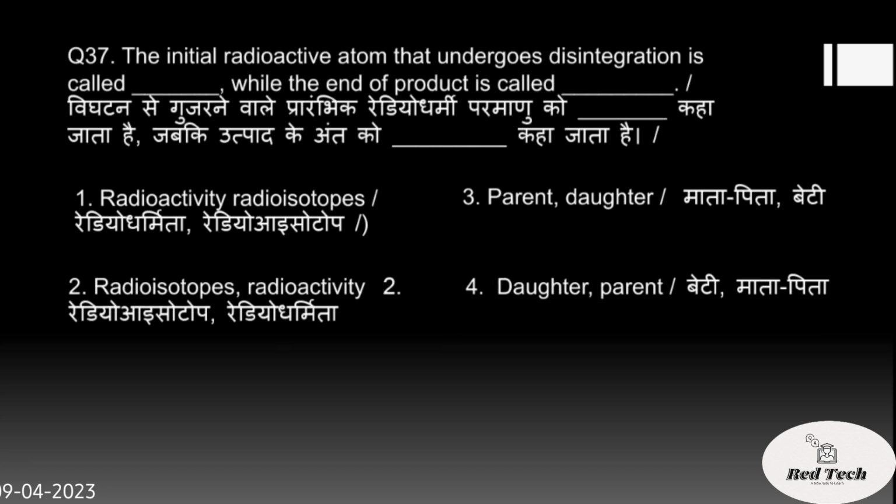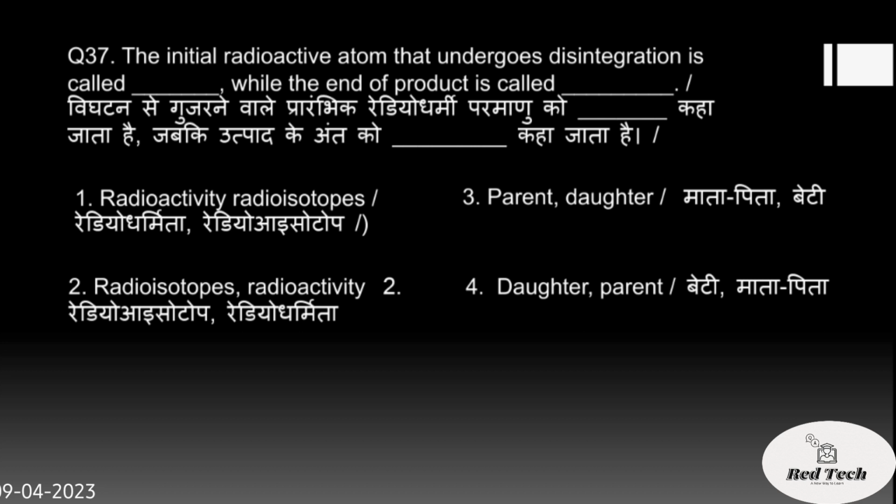Question number 37. The initial radioactive atom that undergoes disintegration is called, and the end product is called. So when a radioactive atom disintegrates, meaning breaks down, and a product is created or produced, what would you call the initial atom and the end product?